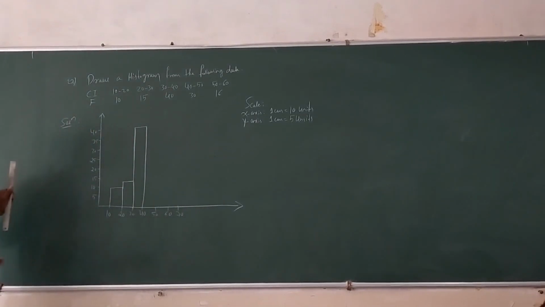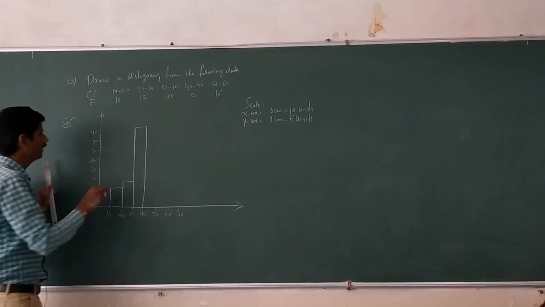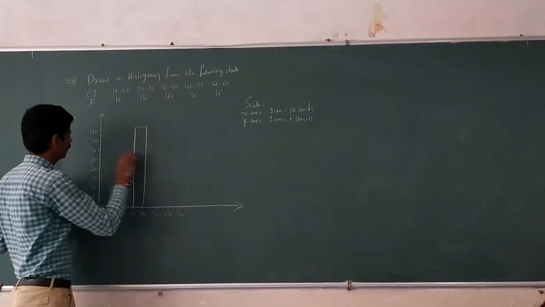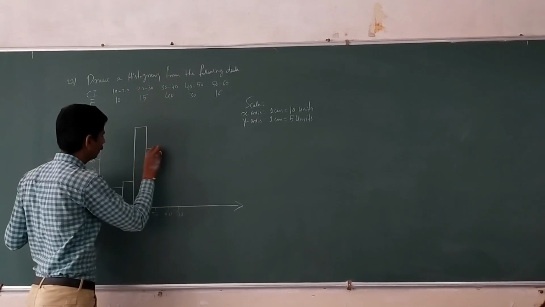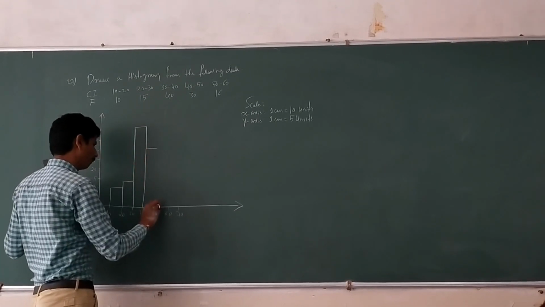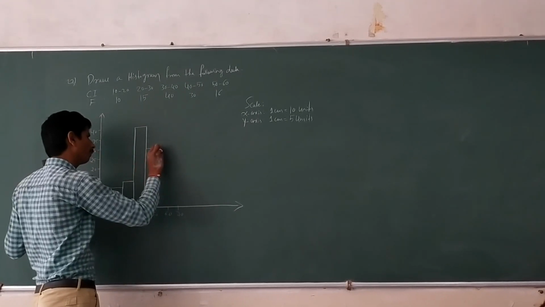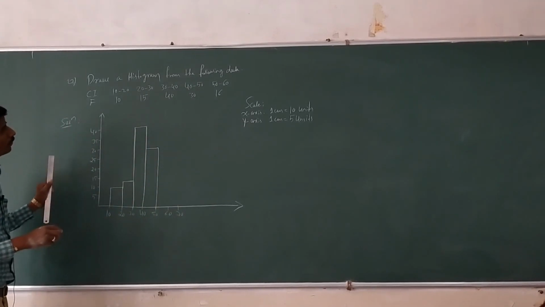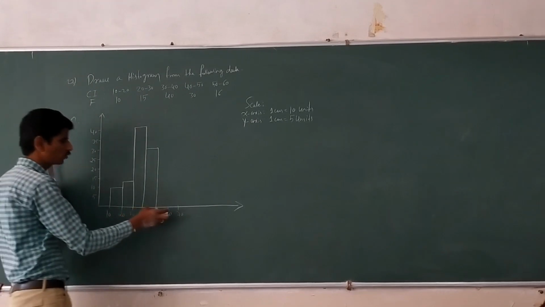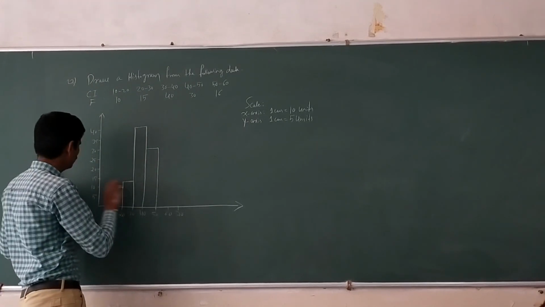The next, 40 to 50 is 30. The last one, 50 to 60 is 16.